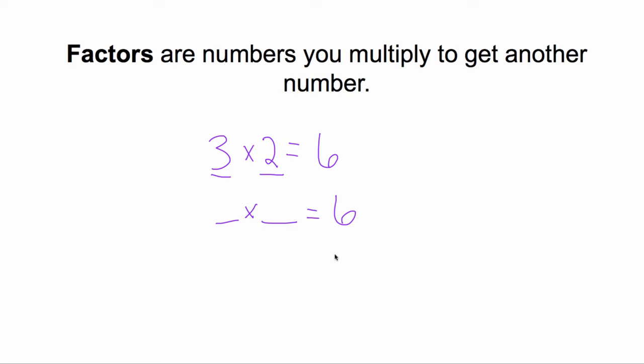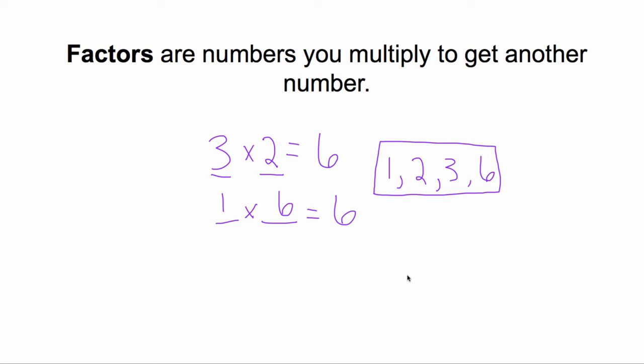What times what could give you 6? 1 times 6 can give you 6. That's all the combinations that you can multiply to get 6. So the factors for 6 are 1, 2, 3, and 6. So 6 has 4 factors.